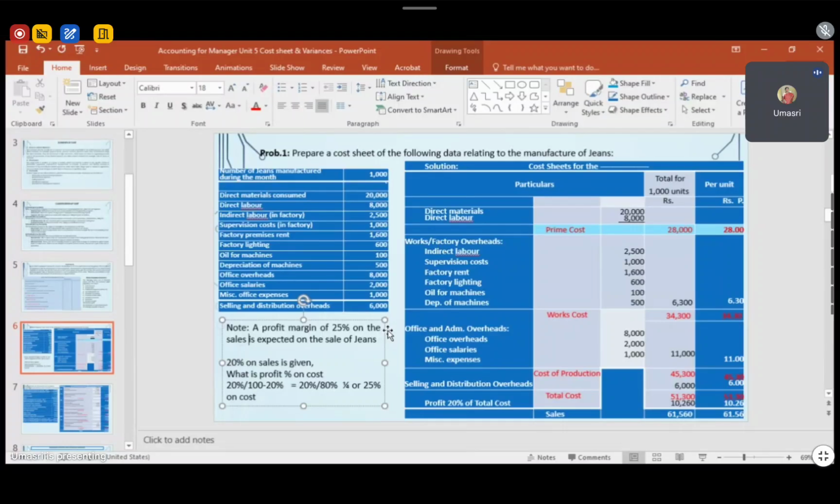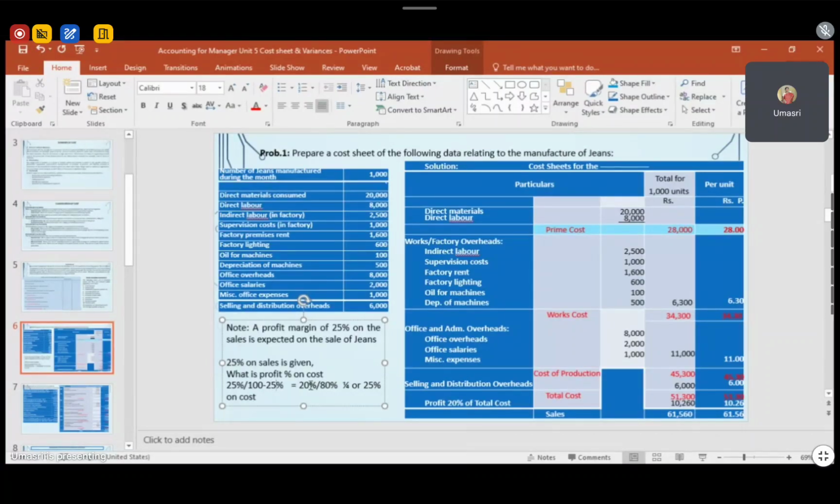In that case, see here, if 25% is given on your sales, what is the profit on cost? The profit given in your problem is 25 divided by 100 minus 25.